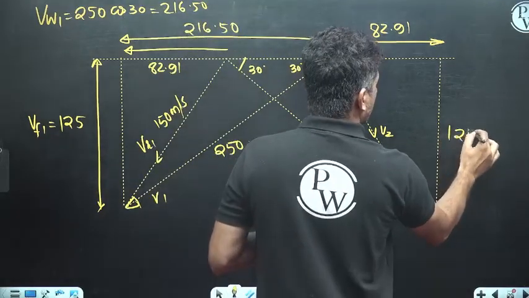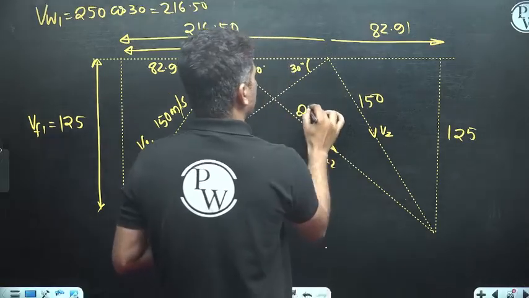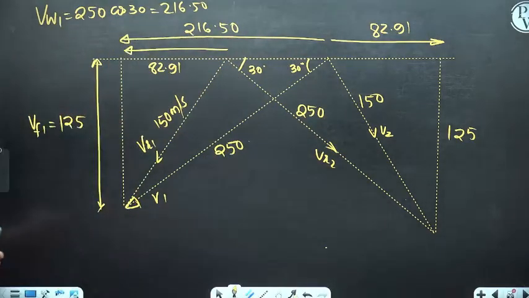The same triangle will be replicated over here. This will be your 125, V2 will be your 150, and this will be your 250. It is a Parsons reaction turbine. So now we need to calculate what is the work done.